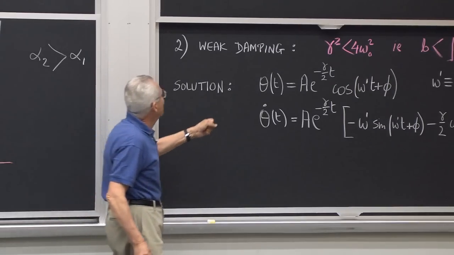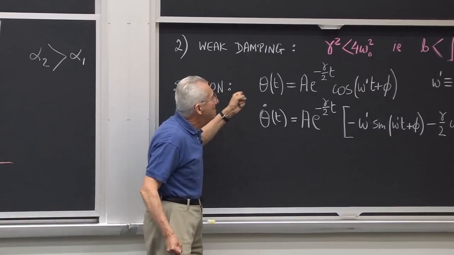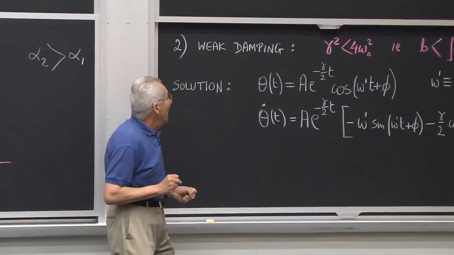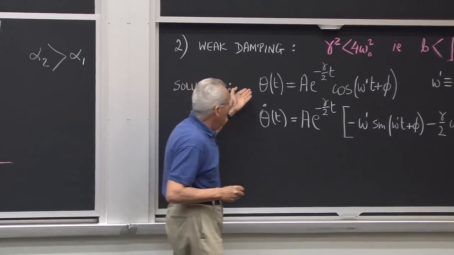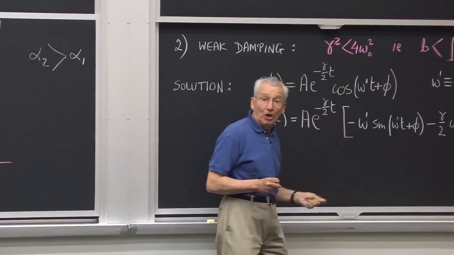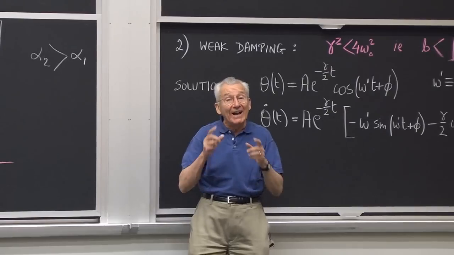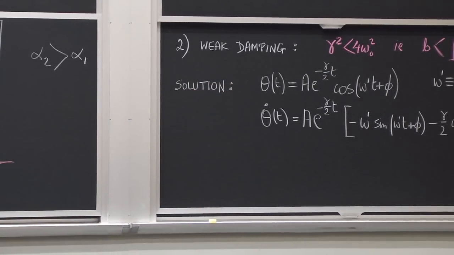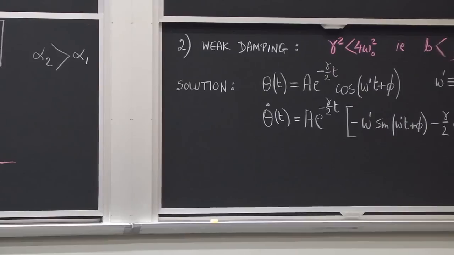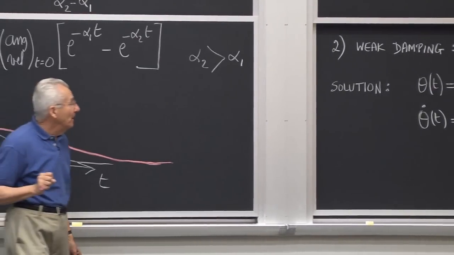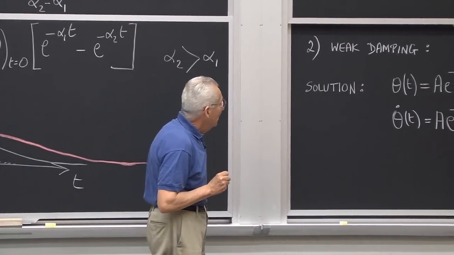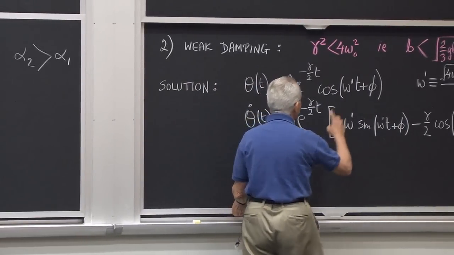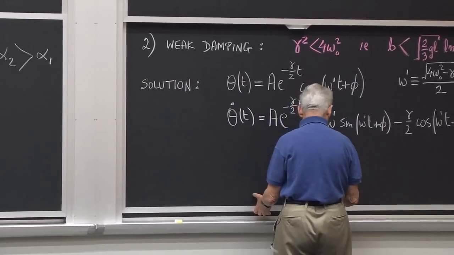So this must describe the motion, and it has 2 arbitrary constants, which I can find because I know the initial conditions for this pendulum. So once again, now I will try to find the 2 arbitrary constants.